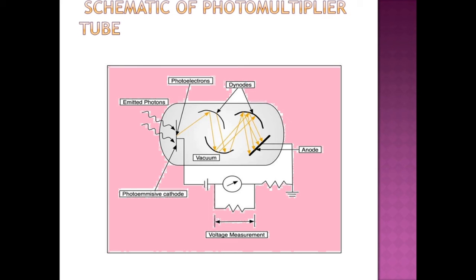These electrons are attracted toward the first diode, and it emits 2 to 5 electrons for each strike.